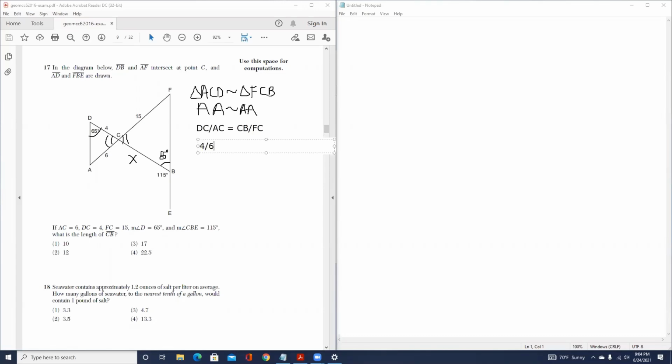Now plug this in with numbers. We get that 4 over 6 is equal to x over 15. And if you solve for x, you multiply both sides by 15. You get that x equals 60 over 6, which is equal to 10. So that makes the correct choice for this question choice 1.